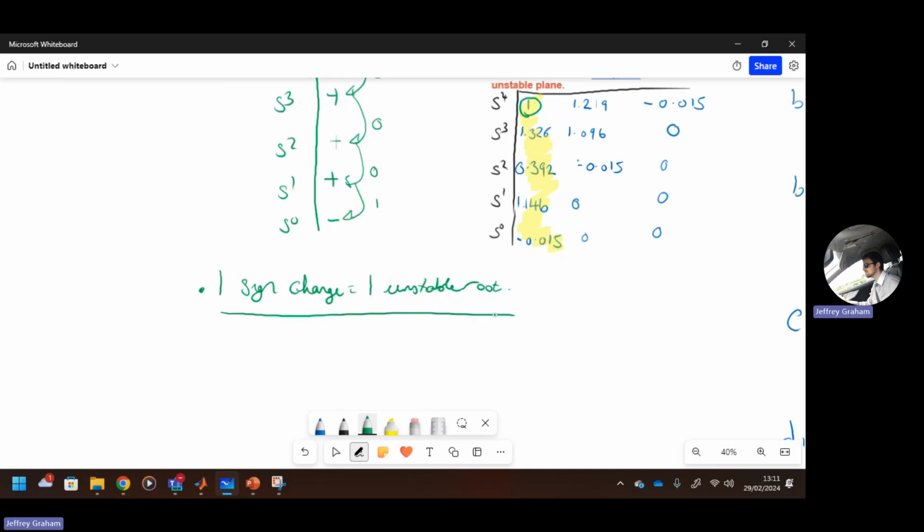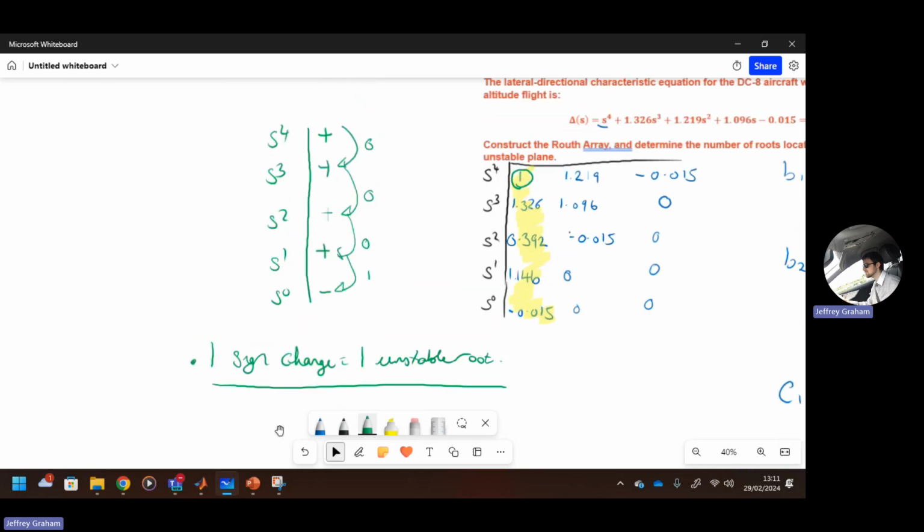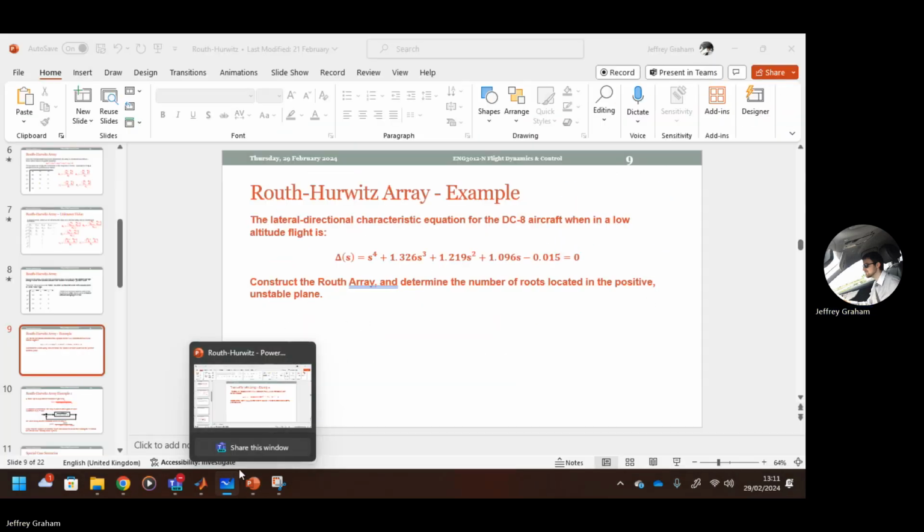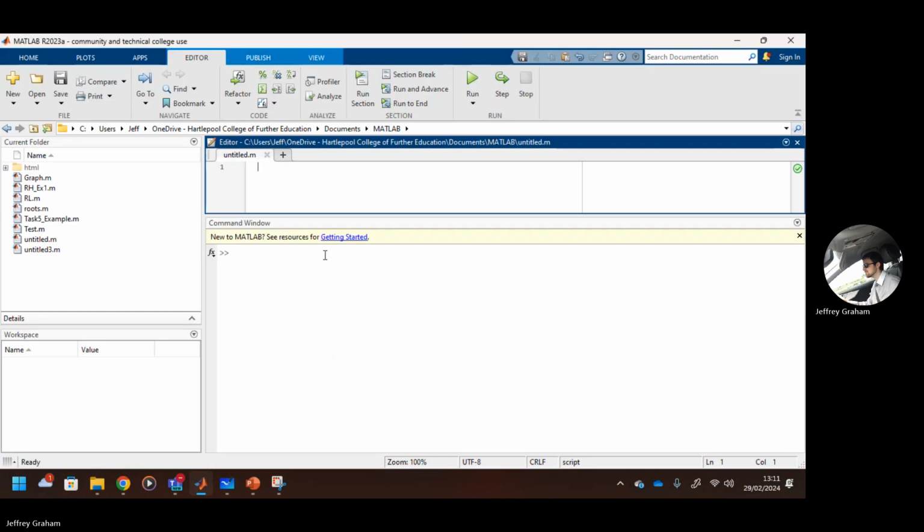Right, I'll verify that for you on MATLAB. As I say, the whole point of the Routh array is you don't have MATLAB in front of you, probably, but this is just to prove the points of the working out. So just put system equals, technical transfer function. We've got 1 for the top and the bottom.